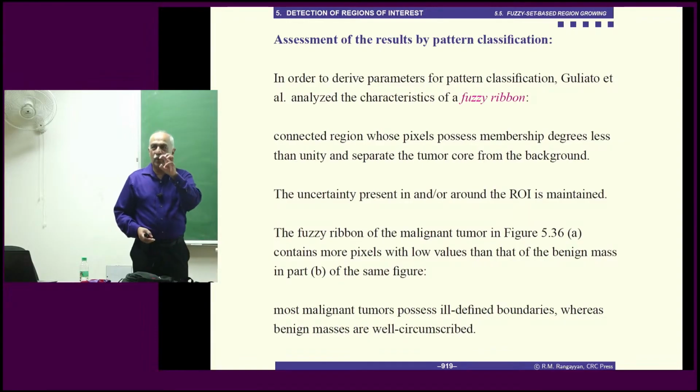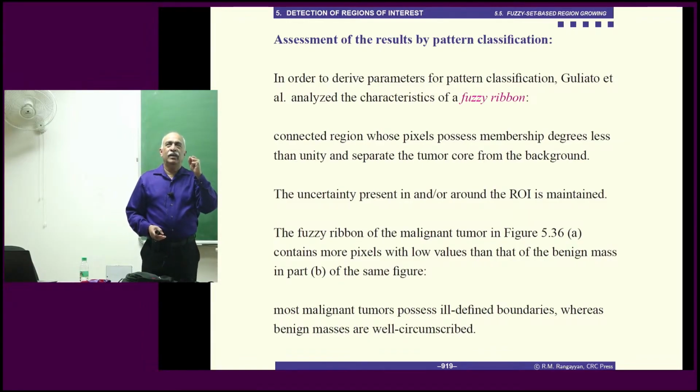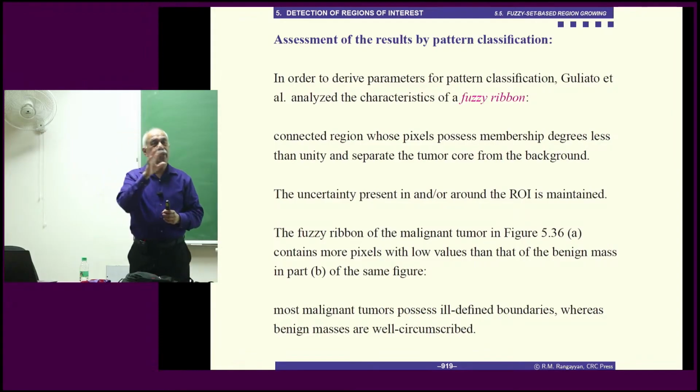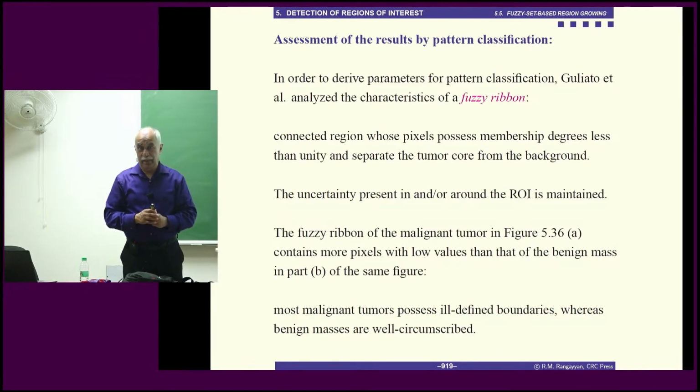The central core of the tumor is not important in the classification process. The membership is all high, but that distinction doesn't matter between benign masses and malignant tumors. In a benign mass also you have a central core where the membership is high.